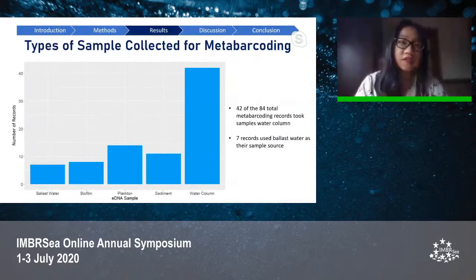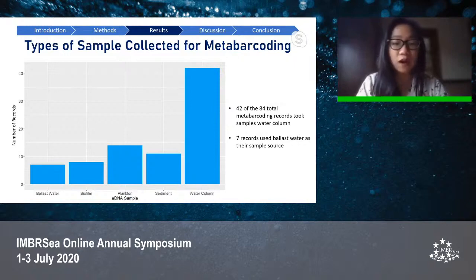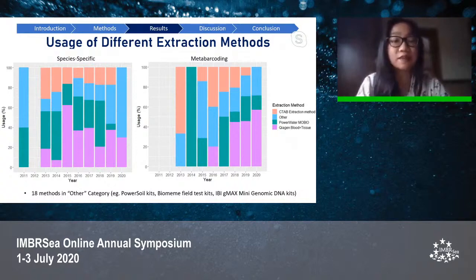So this figure just shows the type of eDNA samples collected from metabarcoding, and it is very clear that samples taken from some point in the water column dominated over any other type of collection method, with ballast water only having 7 records using that as their sample source. And for these figures, it shows the usage in percent of different extraction methods for both species-specific and metabarcoding approaches.